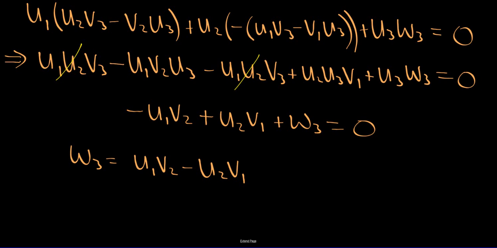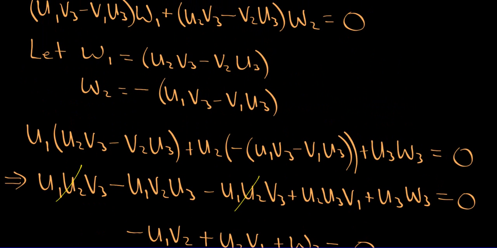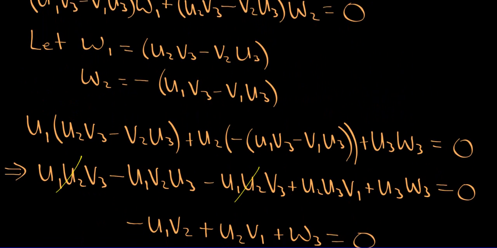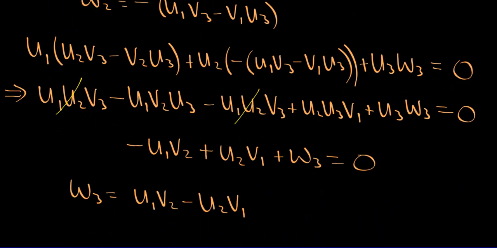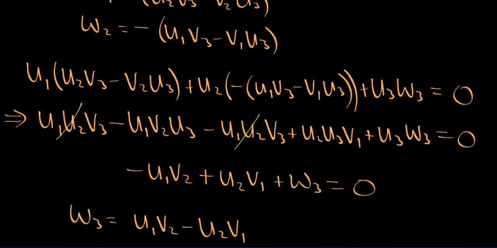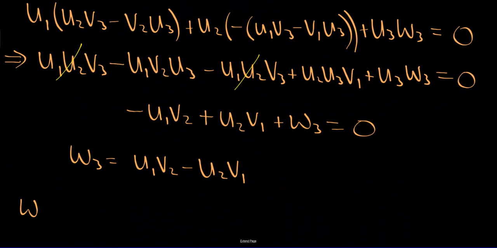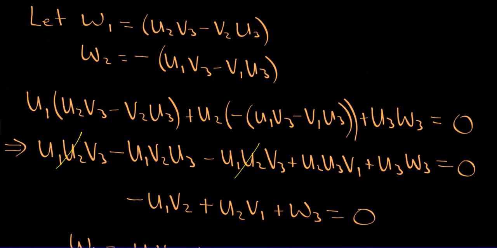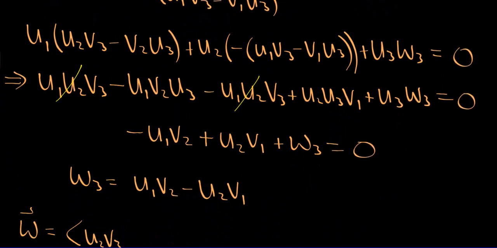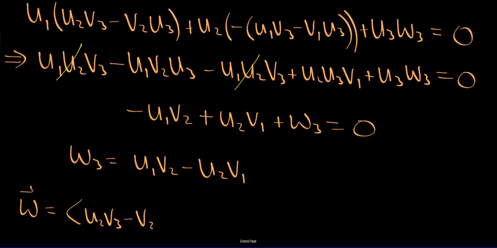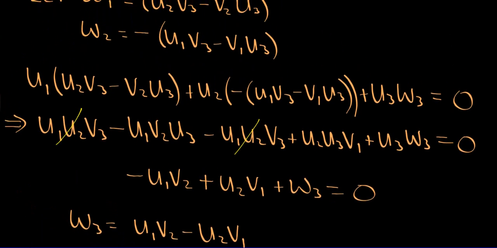We said we want a vector that's orthogonal to all three. Let's look at this real quick. I've got W1, which is U2 V3 minus V2 U3, comma. What is W2? W2 is this thing.